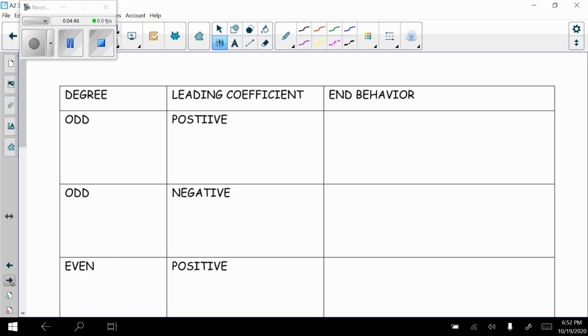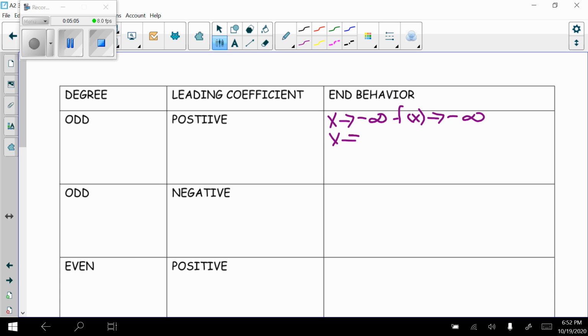If the degree is odd and the leading coefficient is positive, our end behavior is: as x approaches negative infinity, f of x approaches negative infinity.